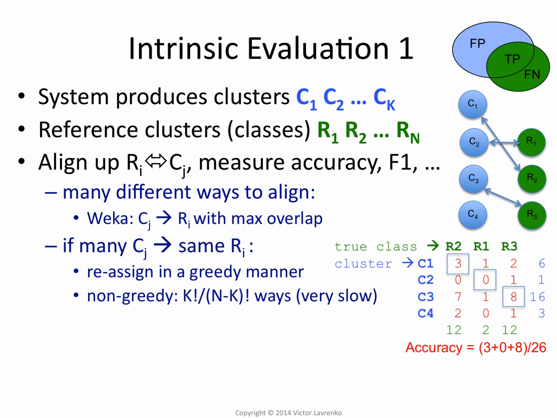So now the question, of course, is what was the problem with those multiple alignments? The only reason we do this is because we can't allow multiple clusters to be aligned to the same class. So why is that a problem? Why can't we allow multiple clusters to be assigned to the same class? And the answer to this, it's slightly tricky.